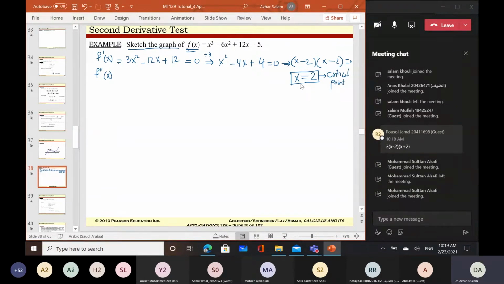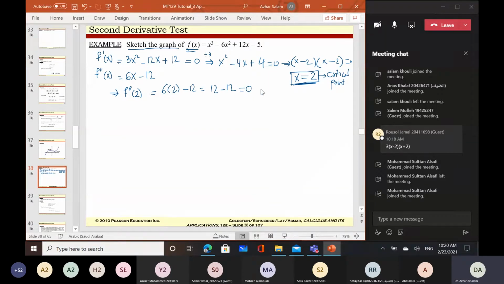Now I have to find out whether this point is maximum or minimum. So I will make the second derivative test. The second derivative is 6x minus 12. The second derivative test means that I will substitute in the second derivative with the critical point, which is 2. 6 multiplied by 2 minus 12 equals 12 minus 12, which is 0.